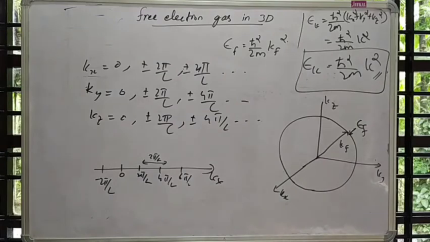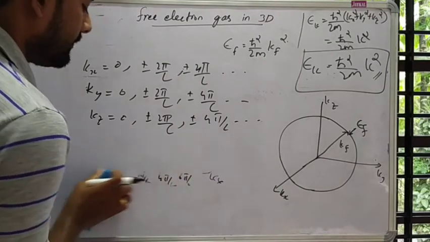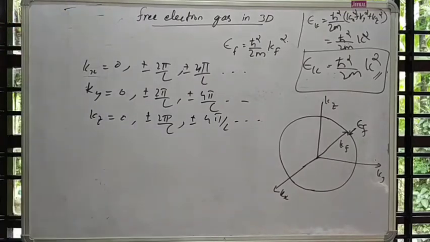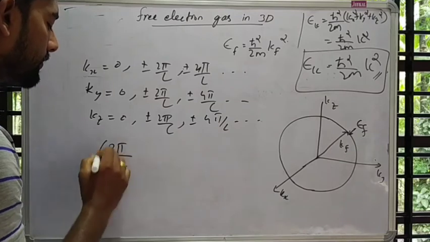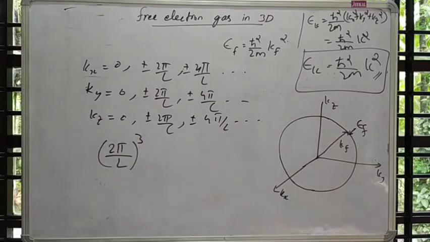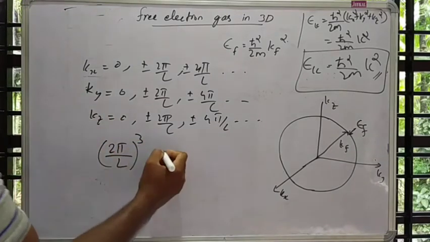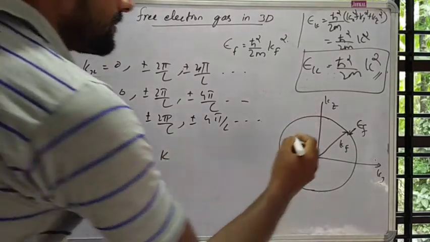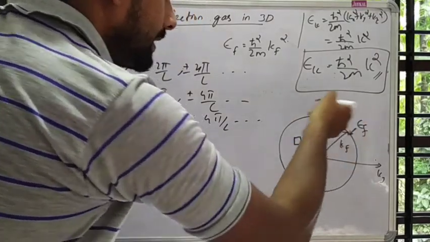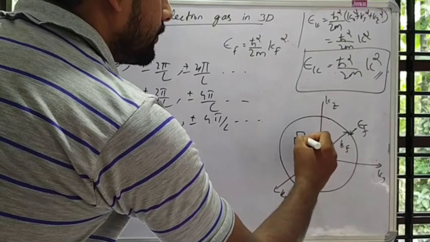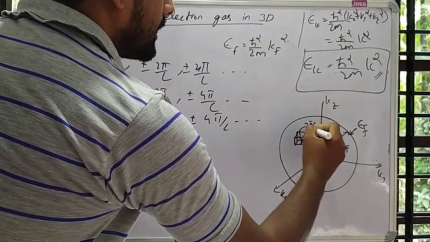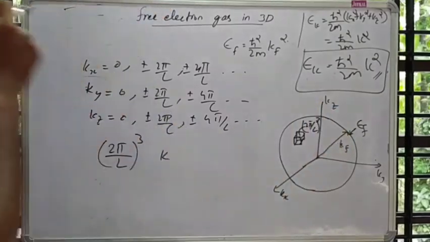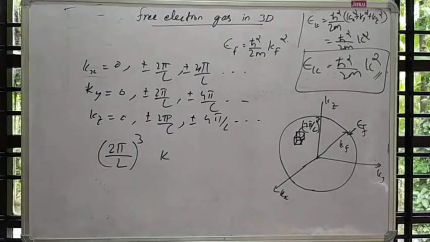That means in three dimensions, if we consider a volume of (2π/L) whole cube, there corresponds a particular k value. That means in this sphere, if we consider a volume of (2π/L) whole cube, there corresponds a particular k value.